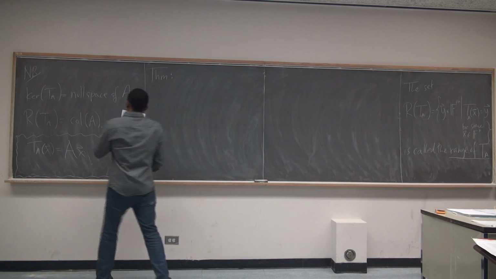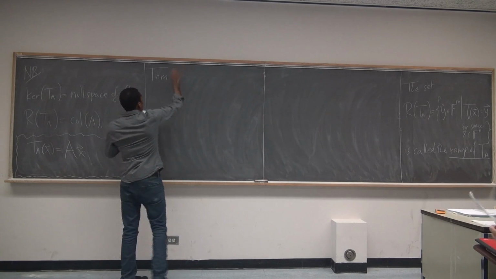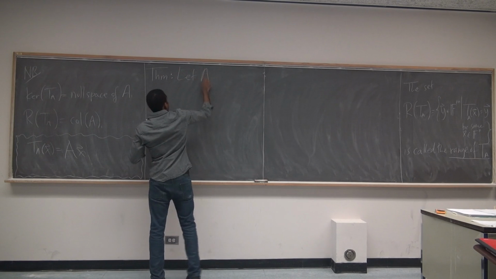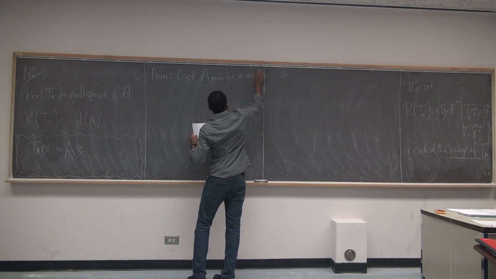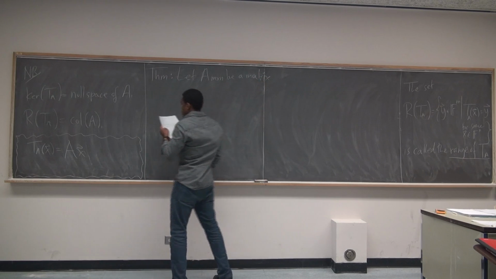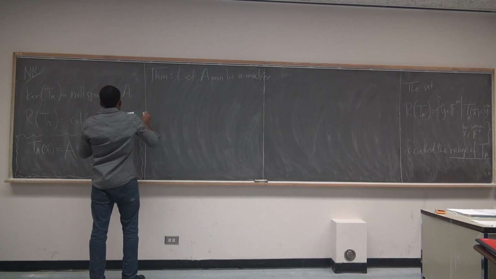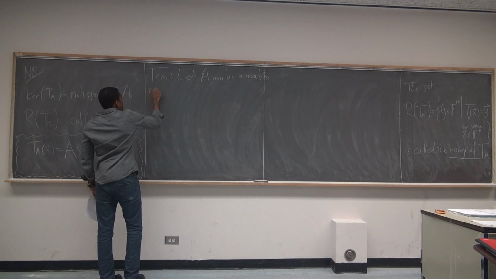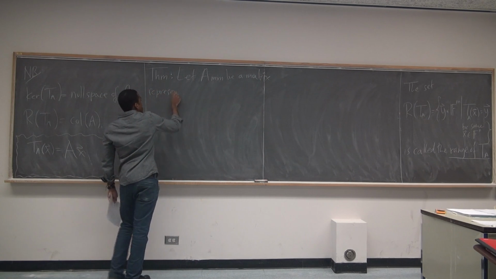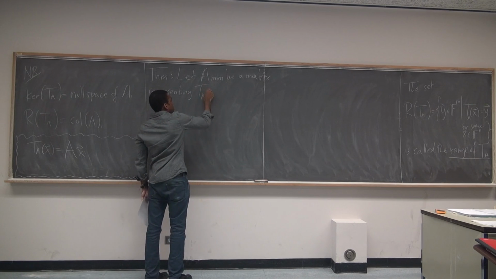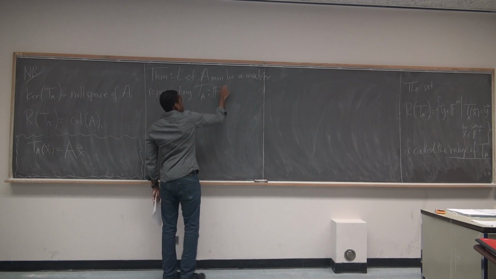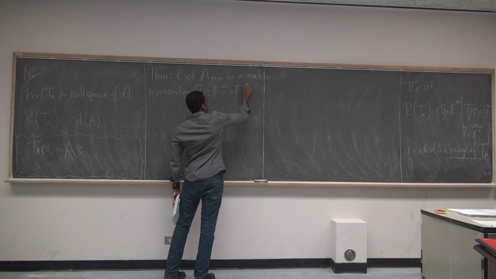I didn't write down the name of the theorem, but anyway, let's do it. Let A, m by n, be a matrix representing a transformation from Fn to Fn.